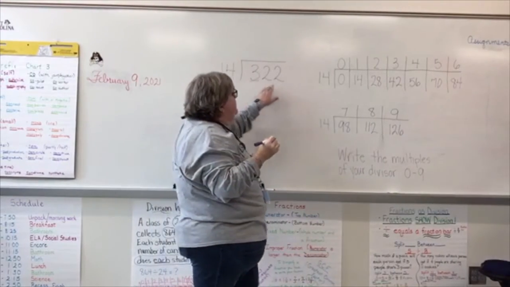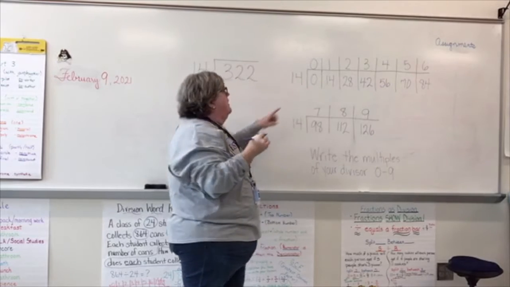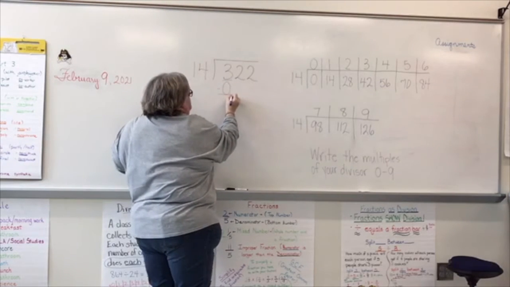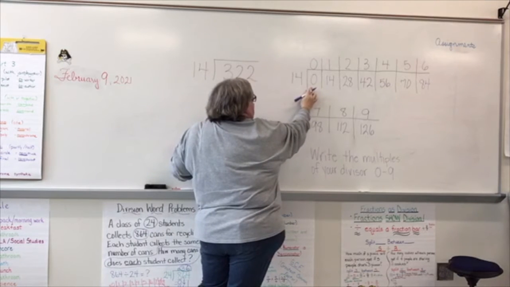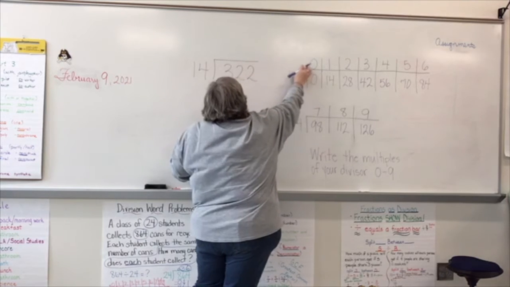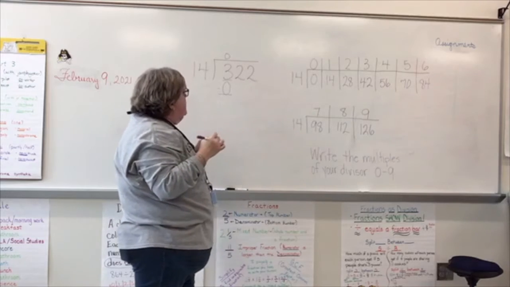My multiple that's closest to 3 is 0. So I put 0 underneath the 3. Then I see what factor is written above it, and it's 0, and I put it up here in my quotient.